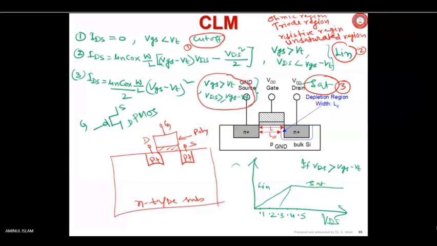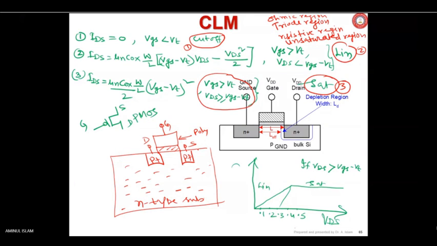So what happens in this case? In case of P MOSFET, if you apply a positive voltage, things will not work out. Here a lot of majority carriers are electrons, right? N-type material you have taken for the substrate, and you have to apply a negative voltage at the gate, negative with respect to source.